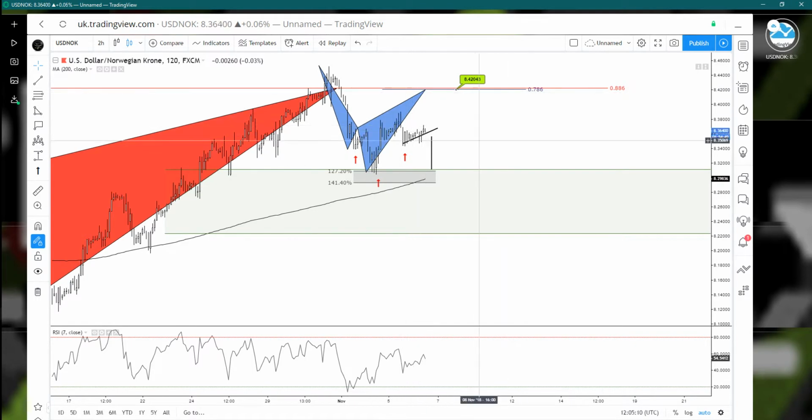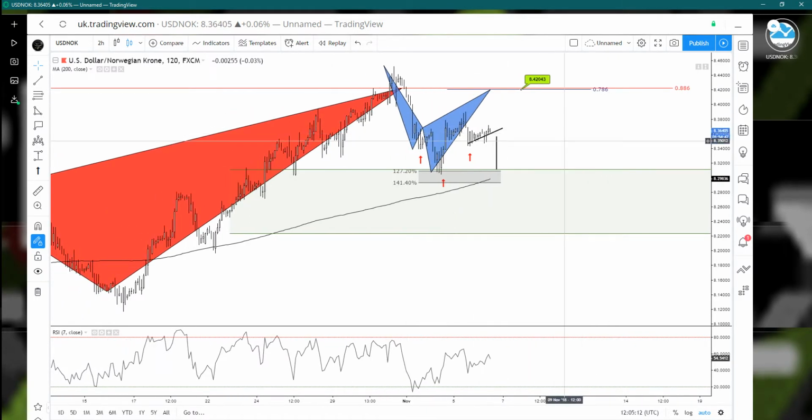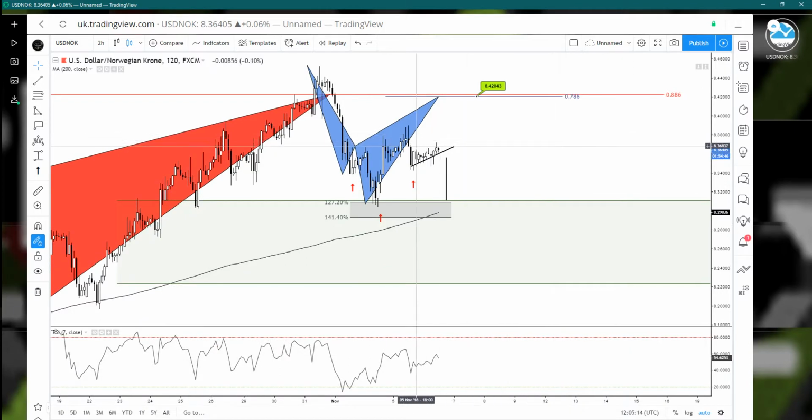So we have a kind of confluence between the previously printed pattern and the eventual one at this level. So wait for those completion points and don't rush your trades. Just because we have a pattern projected above, we will not buy the market just because. We need a strong motive to engage the market, or a pattern to trade.